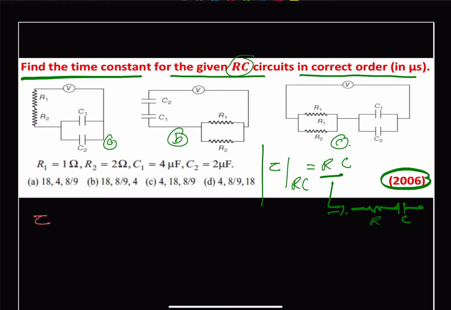The time constant for an RC circuit, we are going to write with R as R equivalent and C as C equivalent. So this is the general formula for our RC circuit.